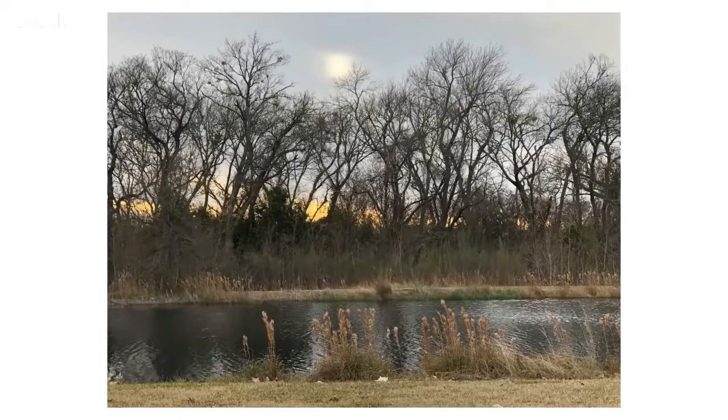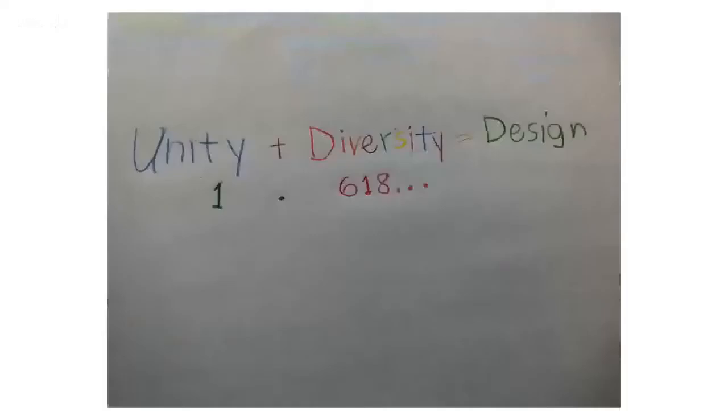Okay, so let's isolate a few. There's Plato's verbal definition of design that he came up with a couple thousand years ago, and then there's the mathematical. We talked about this last month. That's the mathematical expression of that, which is the phi or the golden ratio, golden number.